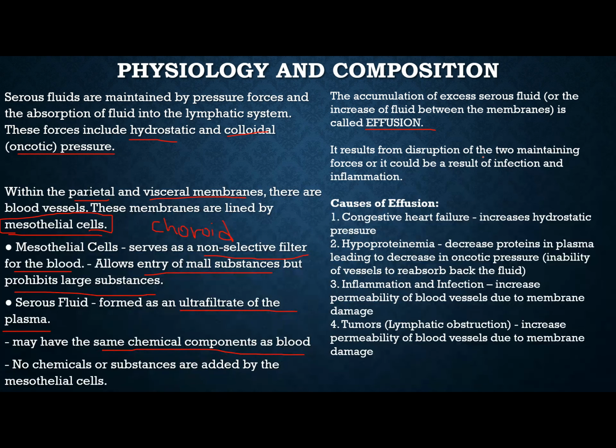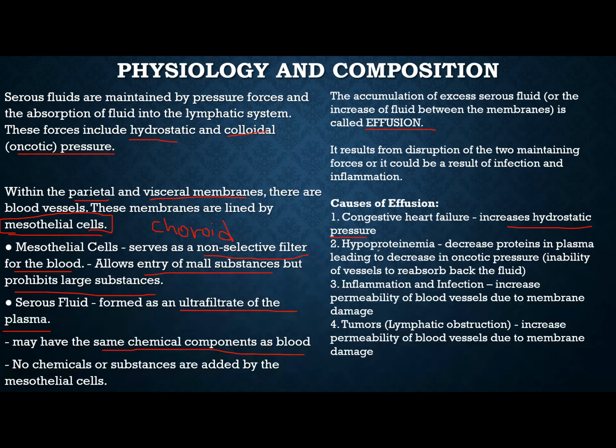It results from the disruption of two maintaining forces. So kung na-disrupt, if your hydrostatic pressure is affected or your colloidal or oncotic pressure is affected, it would cause an effusion. Now, what are the different causes of effusion class? We have your congestive heart failure. If you have congestive heart failure, you would have increased hydrostatic pressure.